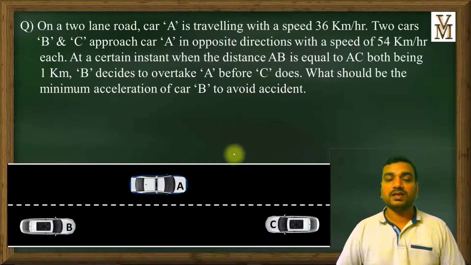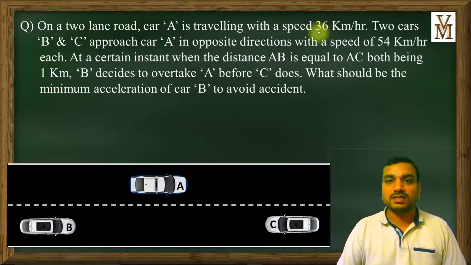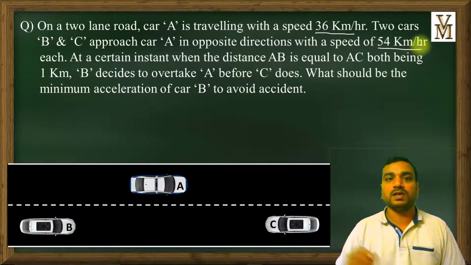Now what is given here? A two-lane road is given, and on one lane car A is moving, and on another lane two cars, car B and car C, are approaching car A. The speed of car A is 36 km per hour, and the speed of car B and car C is 54 km per hour. At a certain point of time, the distance AB is equal to AC.